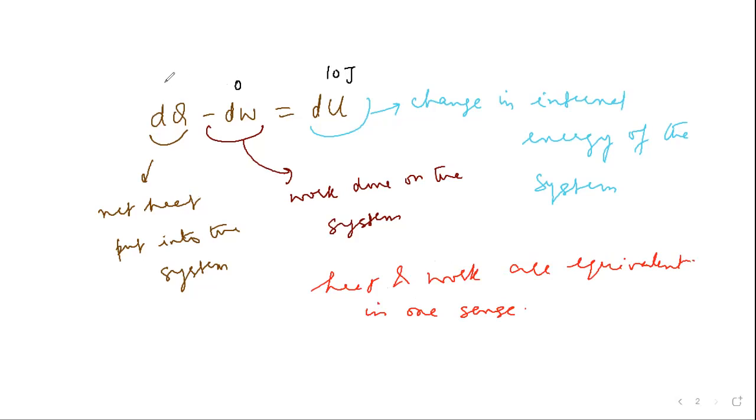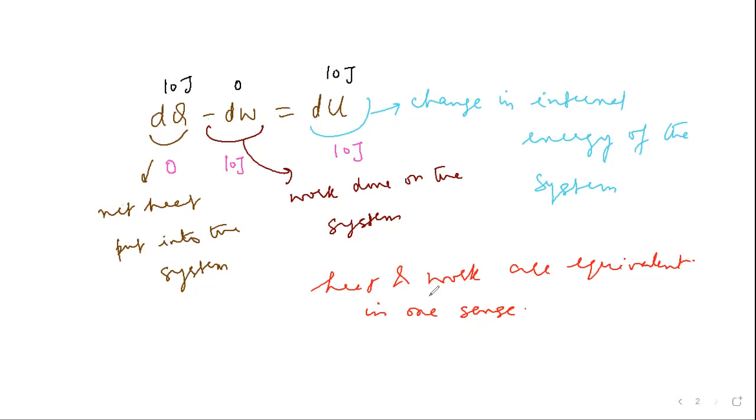I can put 10 joule of heat into the system, its internal energy will increase by 10 joule, right? Second option I have, I put no heat into the system, 0. I do 10 joule work on the system and its internal energy will increase by 10 joule.